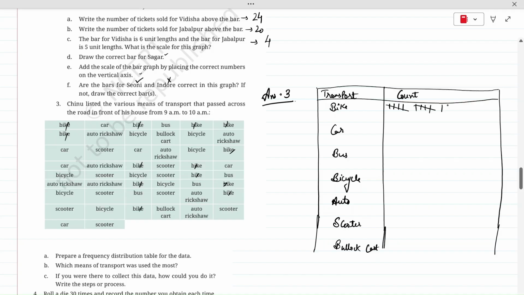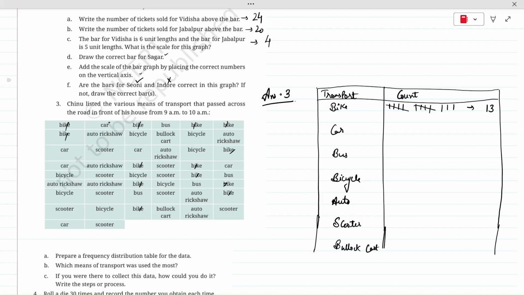So this is 13. Why am I doing it in tally marks? It will help you in the revision of tally marks also. By this way, you can understand the different methods we can use. We can count directly, and we can also do it by tally marks.